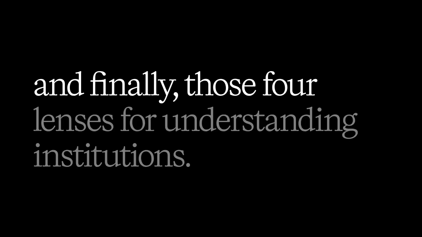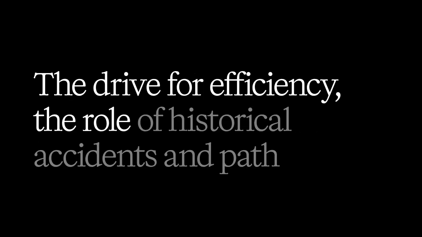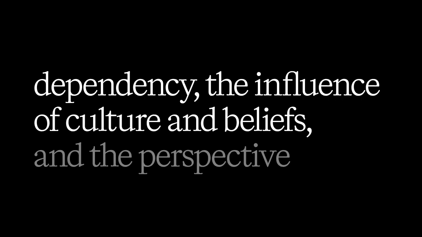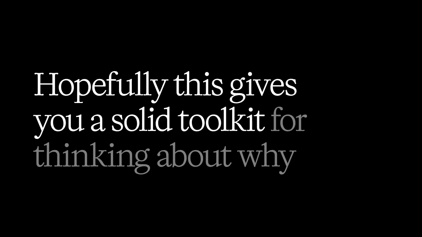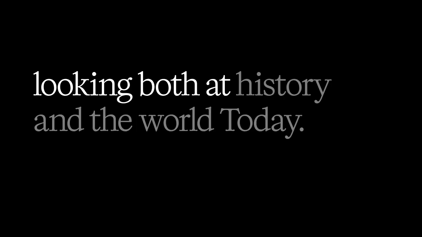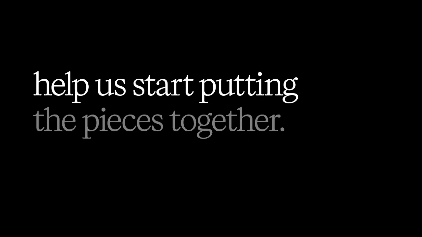And finally, those four lenses for understanding institutions. The drive for efficiency, the role of historical accidents and path dependency, the influence of culture and beliefs, and the perspective of ongoing conflict and power struggles. Right. Hopefully this gives you a solid toolkit for thinking about why some economies succeed and others struggle, looking both at history and the world today. It's a complex puzzle, but these concepts help us start putting the pieces together.